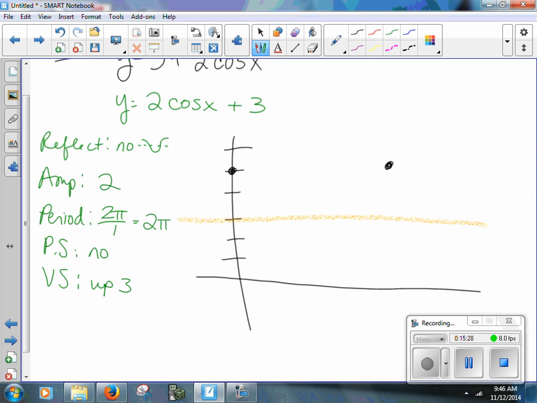Where's the minimum value going to be? Yep, 1. Because we're going 2 above and 2 below. Okay, that's the amplitude. 2 above, 2 below the oscillation line. Isn't that cool? I'm impressed.